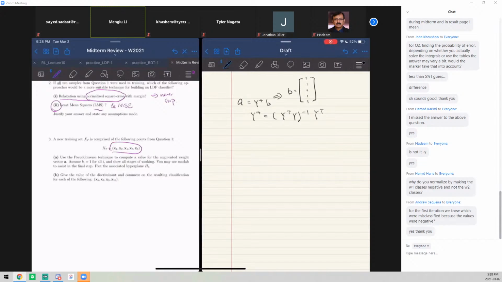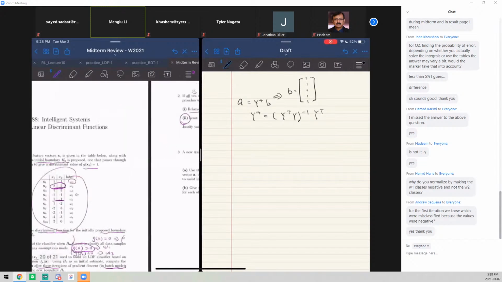So for this one, we have the equation and we have b. Right now, we just need to find Y. Y is from the training points.